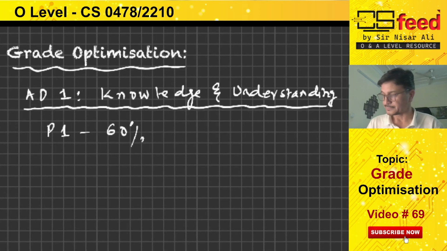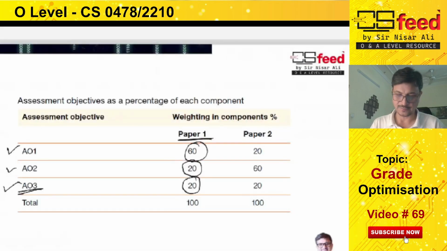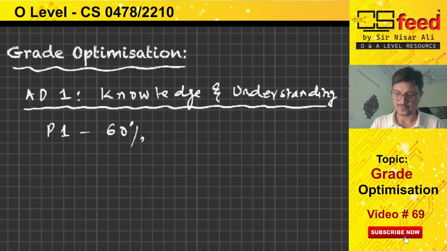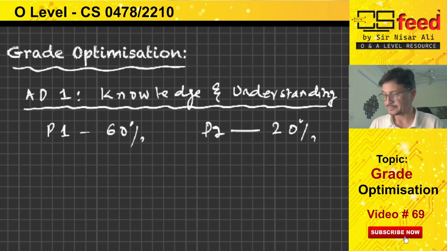If you have a look at AO1 for paper 2, it is 20%. So knowledge and understanding related questions in P2 are only 20%.